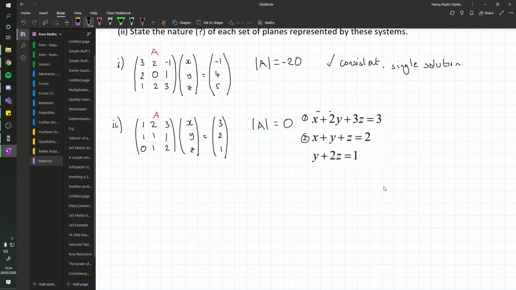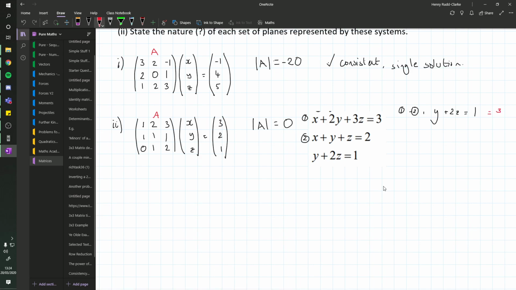What we want to do is eliminate a certain variable. So here x is already eliminated, so I could just use this first pair of equations to eliminate x as well. So if I do 1 minus 2, x minus x is nothing, 2y minus y is y, 3z minus z is 2z. Should spot what's happening here. 3 minus 2 is 1. And that equals equation 3.